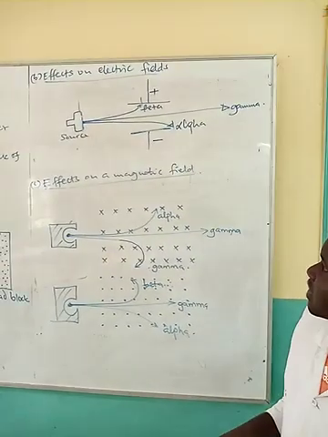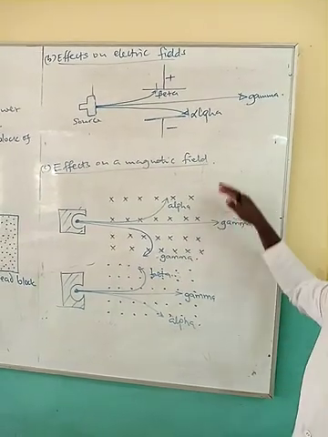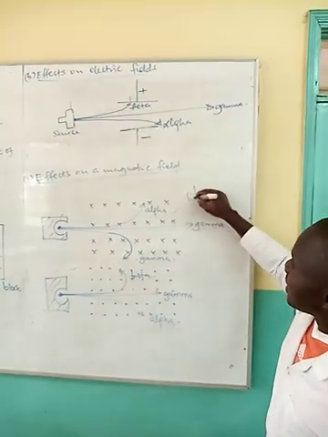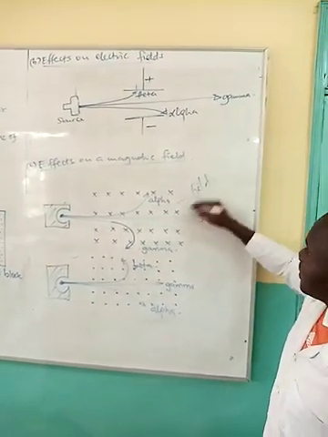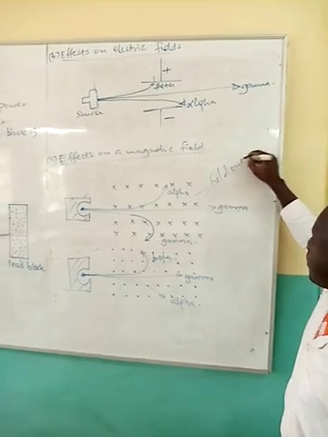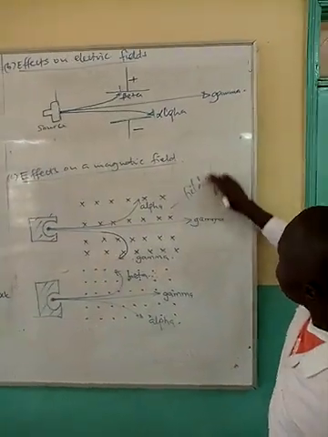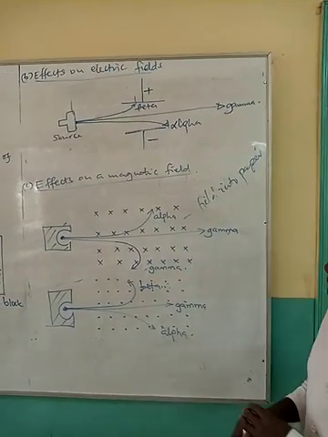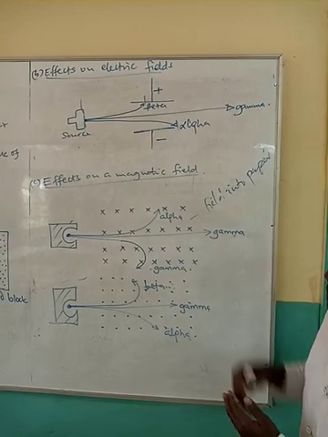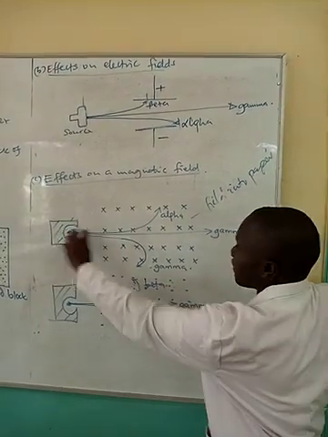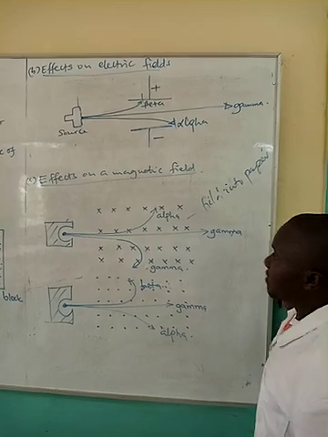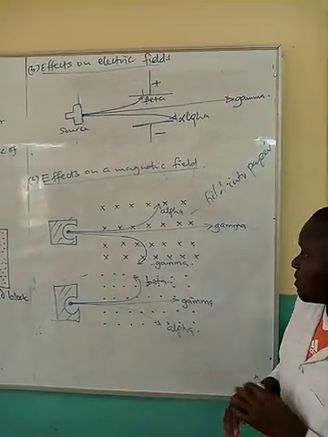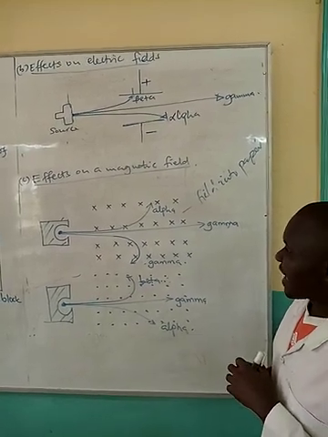Let's look at effects on the magnetic field. In a magnetic field, we can have two types of field, field into and out of the paper. So in this case, we have field into the paper, flowing into the paper. When you look at the alpha particle, it tends to be deflected towards the left side, while the beta particle tends to be deflected towards the right hand side.